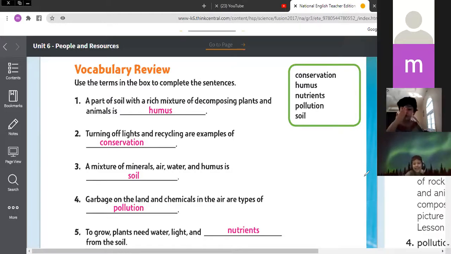Do you agree with that? Is it right? The soil where we put our plants and seeds is a mixture of minerals, air, water, and humus. This is soil, okay? Thank you, Omar.